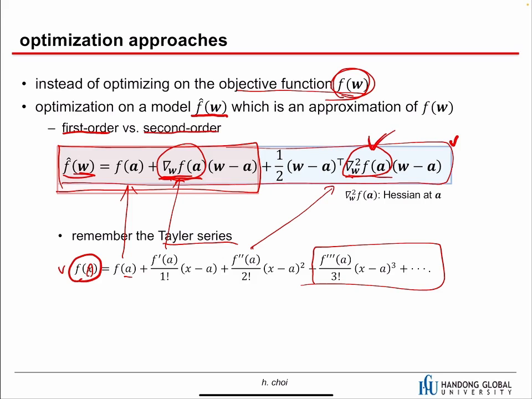Even with 1 billion parameters, maybe the Hessian matrix is not possible without any tricks. So it's simple, but it works, and it is better, but it needs some computational cost. So basically, we have two approaches. We're going to talk about a couple of algorithms based on the first one and the second one.